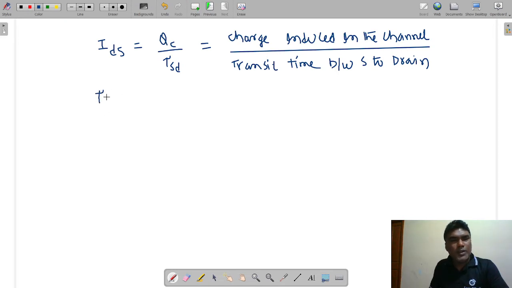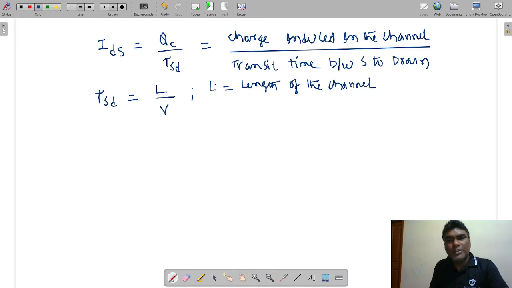So what is tau SD? Tau SD is defined as length by velocity. Here L is the length of the channel, and V is the velocity between source and drain.